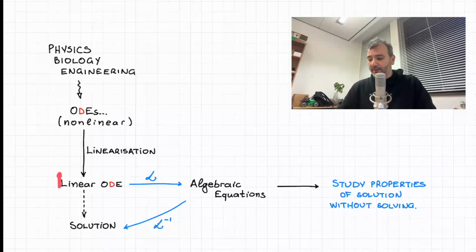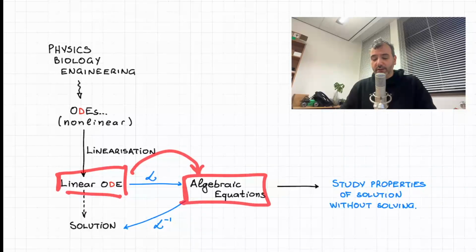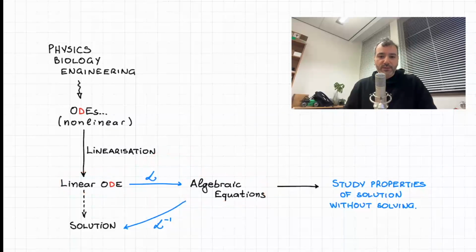So you apply the Laplace transform, which I'll explain in a moment, to your differential equations, and you turn them into algebraic equations, which of course you can solve much easier. In fact, these happen to be simple algebraic equations. And then if you really want to solve the differential equation, you can apply the inverse Laplace transform and get your solution.